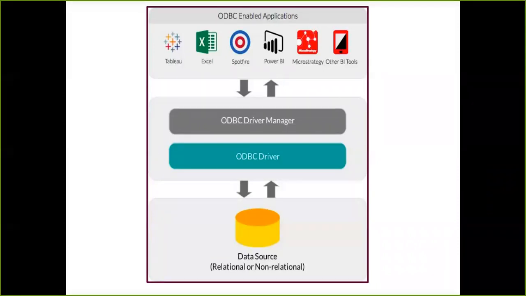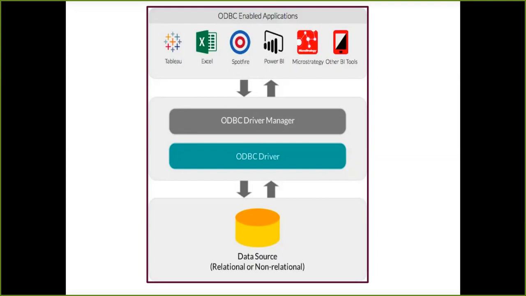Also, here there is no requirement of having the database driver. The previous one, JDBC, requires the JDBC driver to be installed at the database end, but here it is not required. Here the ODBC driver works with the database, and all the requests and responses happen through the ODBC driver.